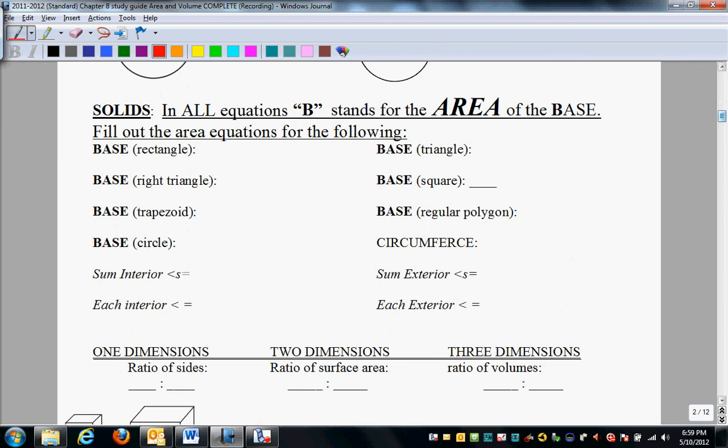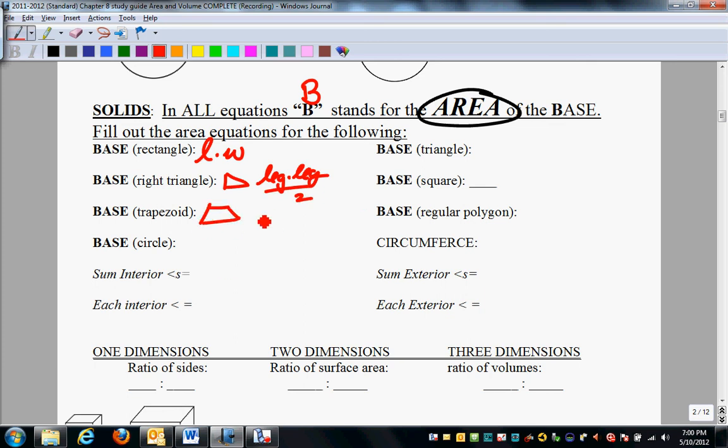In all our volume and surface area equations, a capital B stands for area of the base. So if your base is a rectangle, of course, it's length times width. If it's a right triangle, it's going to be leg times leg over 2.